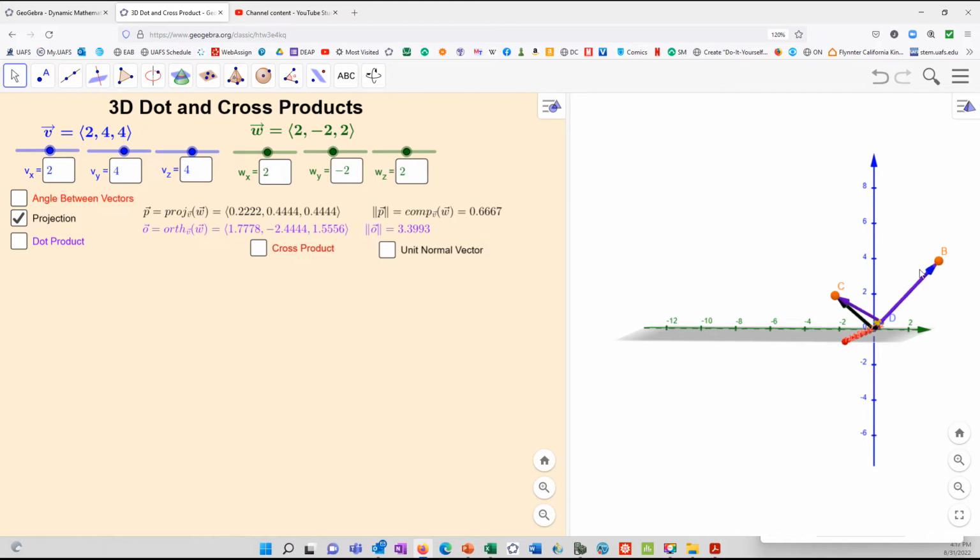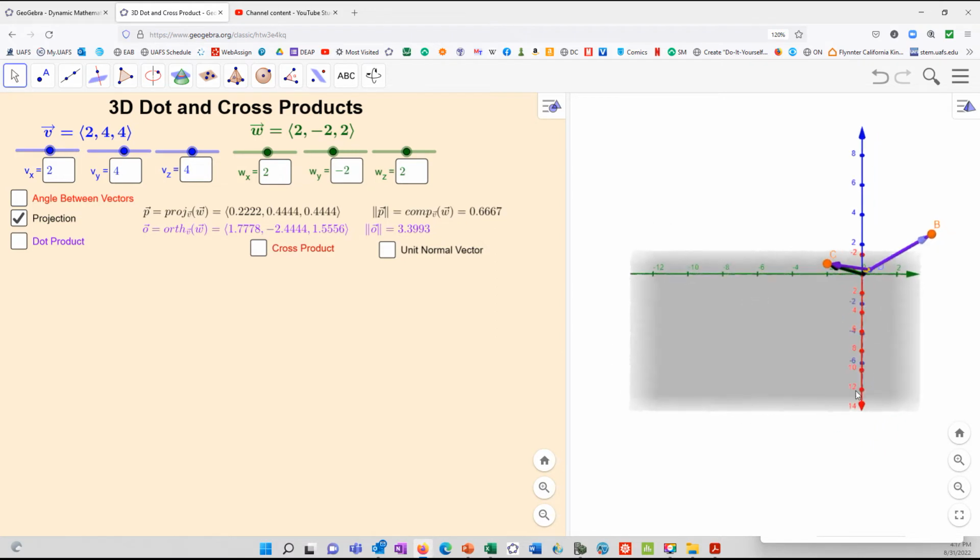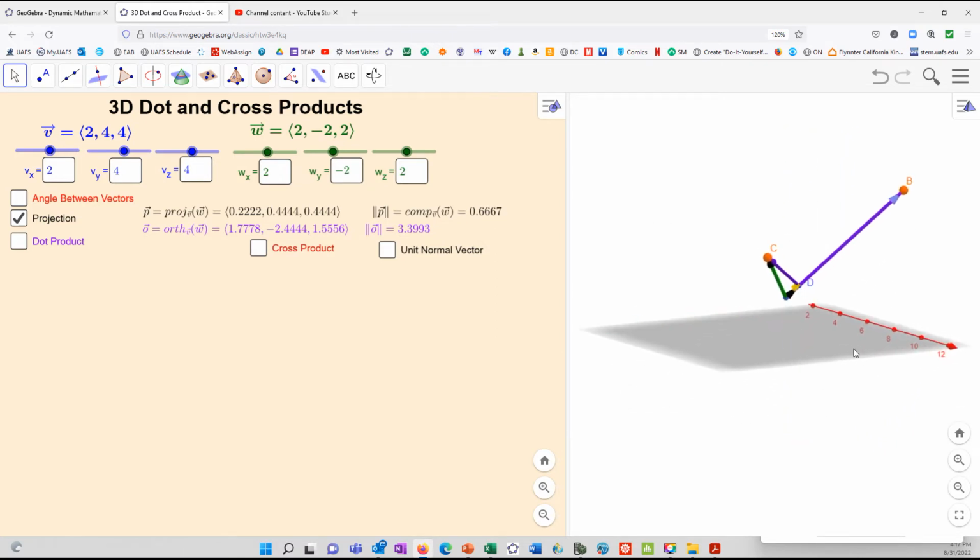So if you take this vector and project it, we want the W projected on the V. So we want to take the W right here and project it onto this one. That gives you a component in the same direction right there, and then a perpendicular component there.